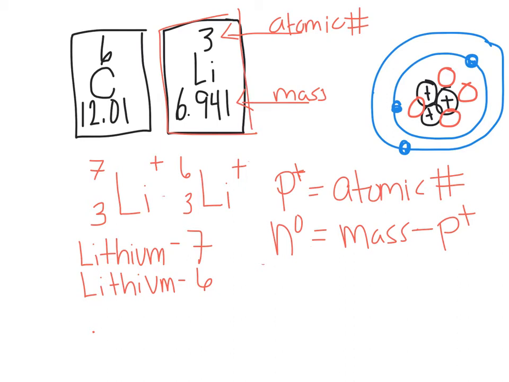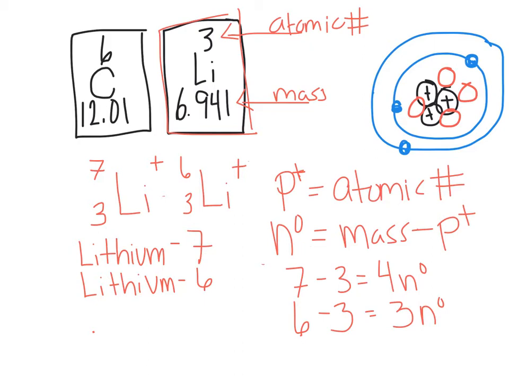If it weighs 7 and 3 of those are protons, minus 3, that leaves me with 4. That means that lithium 7 has 4 neutrons. If I have lithium 6, that means lithium 6 weighs 6. It has 6 total protons and neutrons. 3 of them are always protons. Then that means I have 3 neutrons.